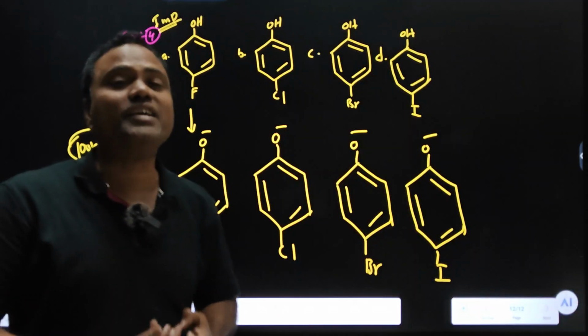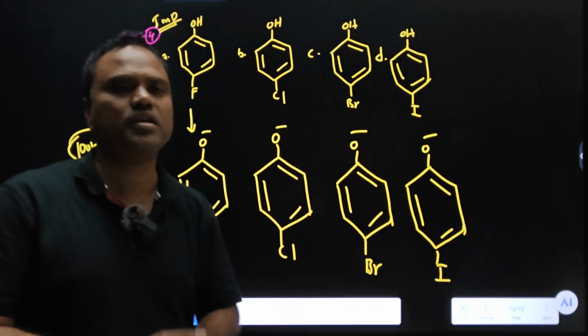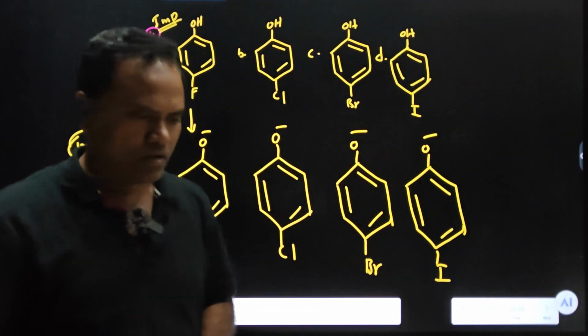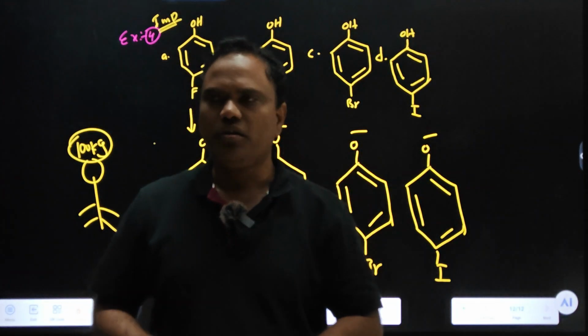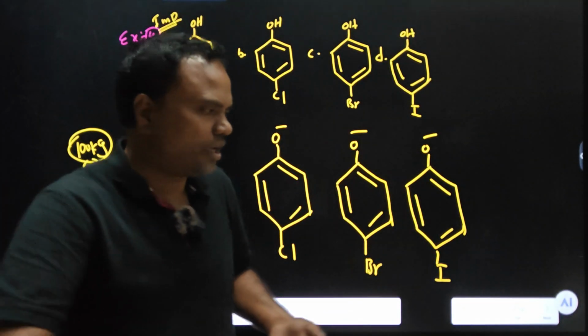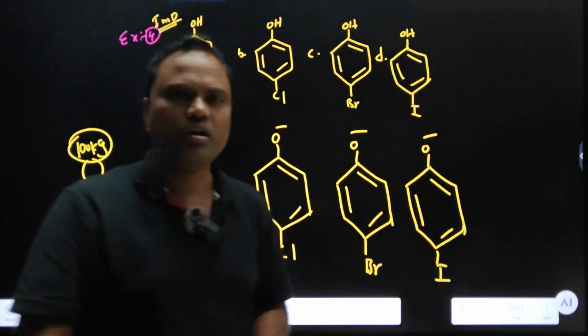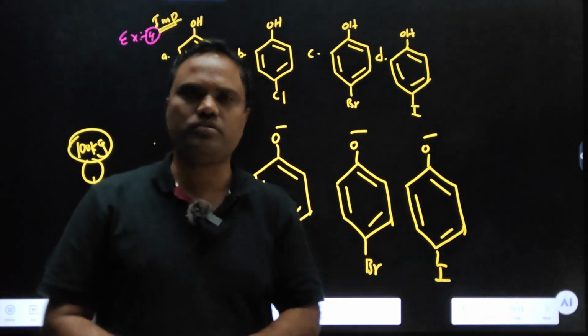But after taking the charge, where will fluorine accommodate that charge? That is the question. For example, one person is lifting some 100 kg weight. What I did, I took that weight. If I keep that weight on the bench, then that is comfortable for me and that person also.